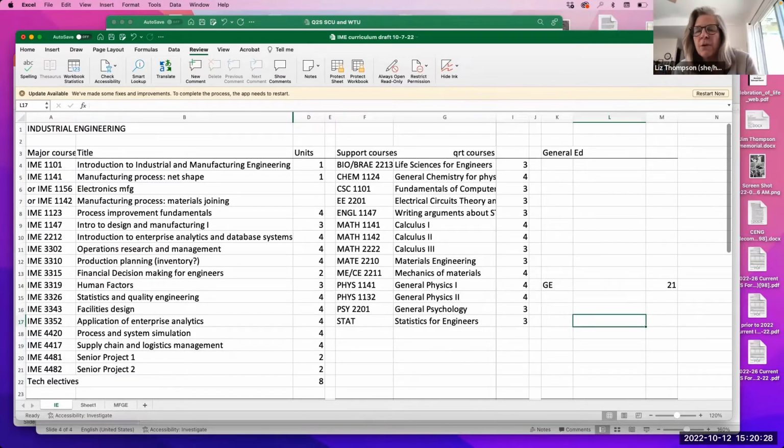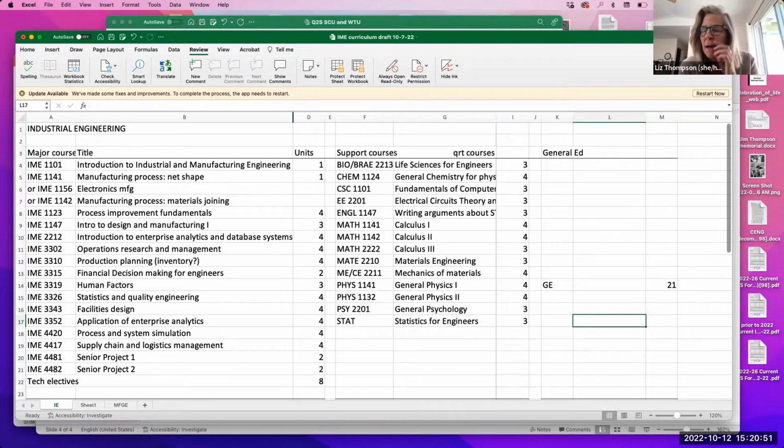I actually have a question too about manufacturing content in IE, because we sort of dropped it a little bit less. We have the one required class, 1147, which is the same as IME 144.